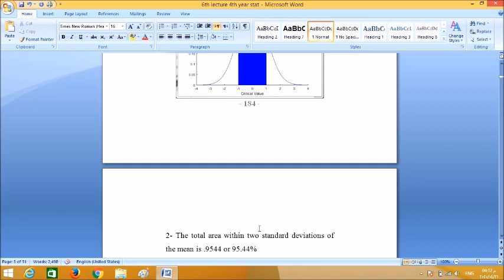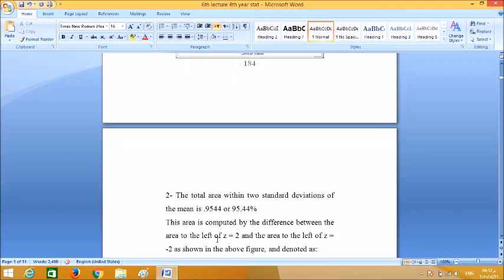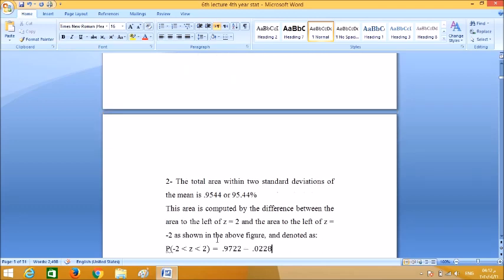The second rule, the total area within 2 standard deviations of the mean, is 0.95. This area is the difference between the area to the left of Z equal 2 and the area to the left of Z equal -2.